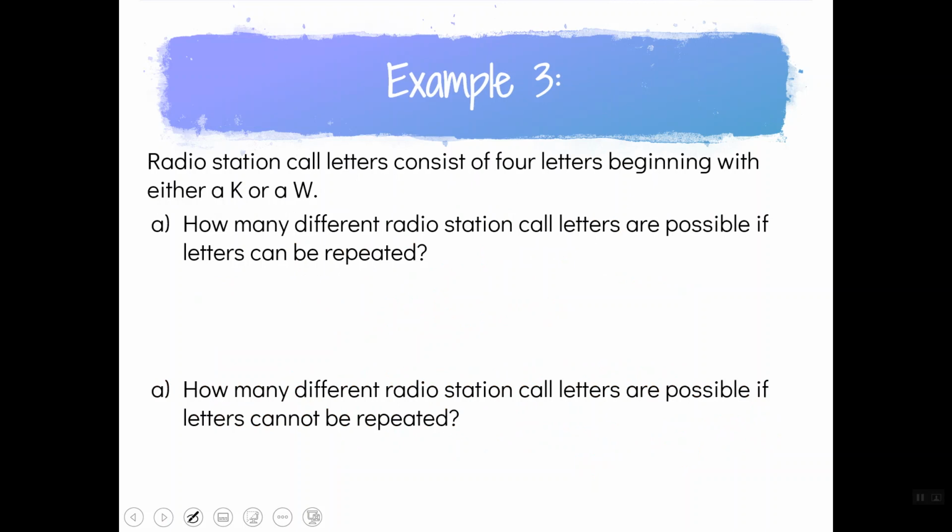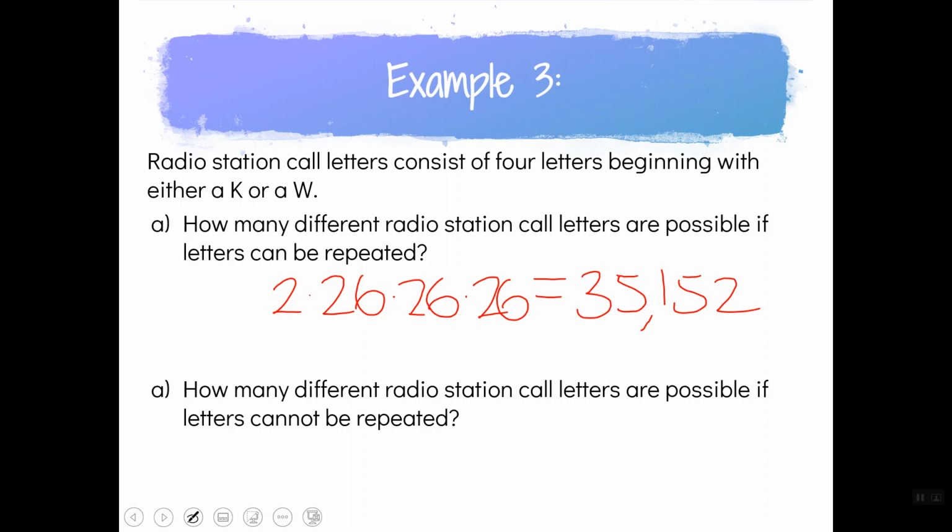Example 3. Radio station call letters always consist of 4 letters, and they always begin with a K or a W. So let's think about how many different letter combinations are possible if letters can be repeated. Well, you always have those 2 to start, and then you have 26 for all of the remaining ones, which gives you 35,152.